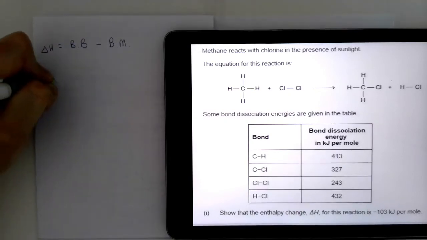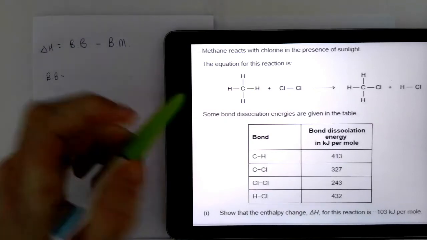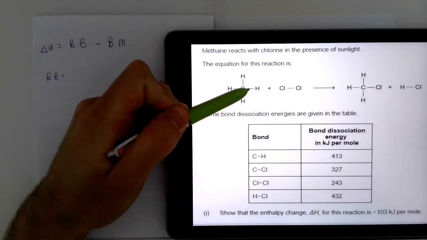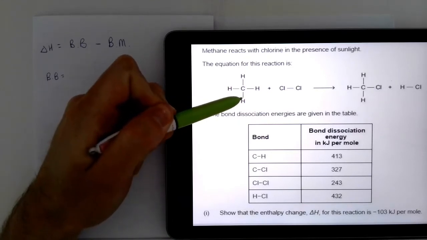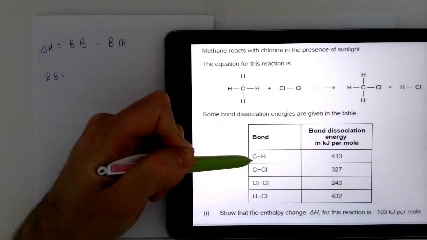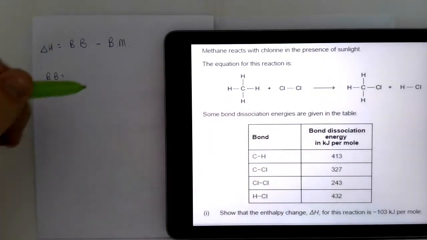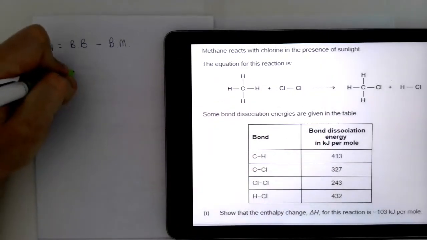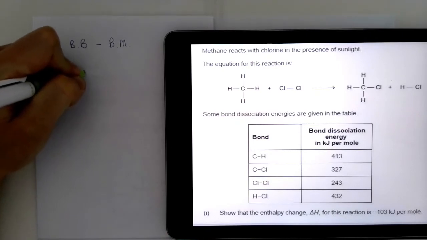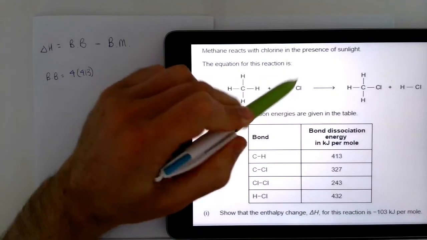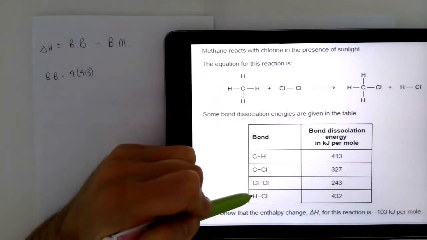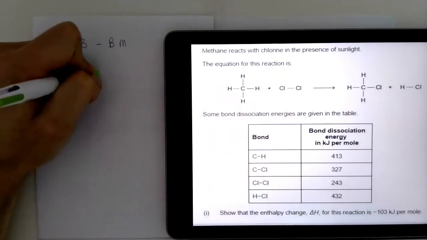So bond breaking, what bonds am I breaking? I'm breaking 1, 2, 3, 4 carbons joined to hydrogens. Every carbon joined to hydrogen is 413 kilojoules per mole. So 4 times 413 to break those 4 bonds. And I also need to break this chlorine to chlorine bond, which has 243.